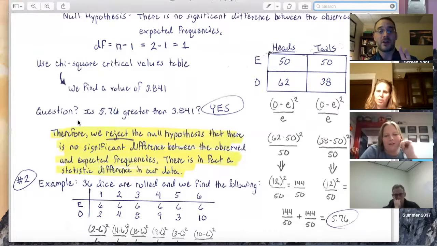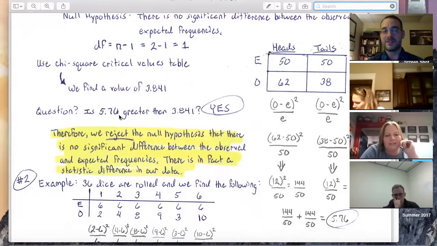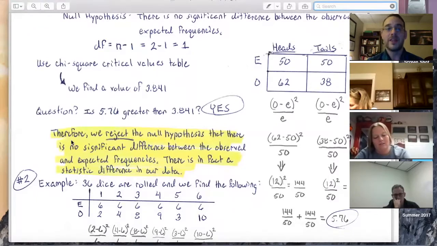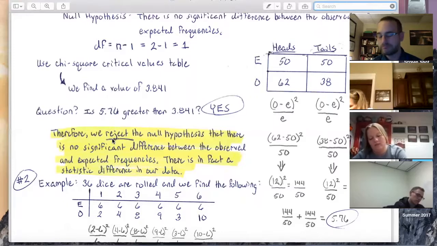Our two options are we reject or fail to reject. So in that case, is 2.76 greater than 3.84? If the answer is no, then we fail to reject the null hypothesis that there are no significant differences between the two groups. That's how that works.